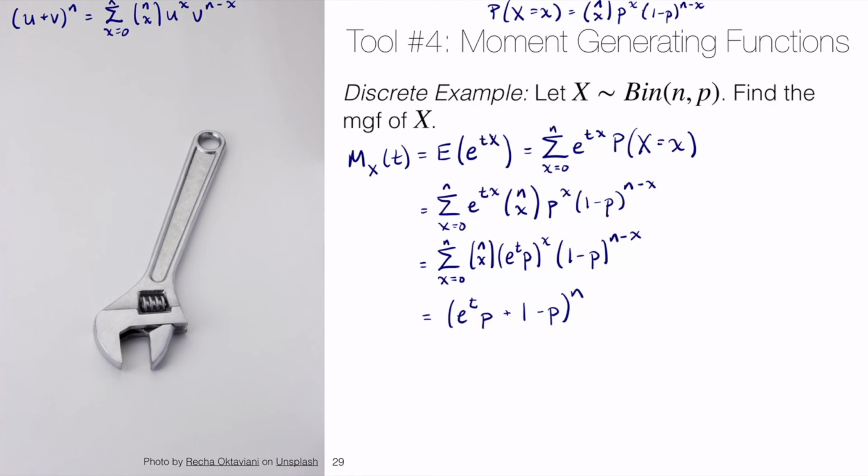So what we did was just use this formula where our u was e to the t times p, and our v is 1 minus p. All right, so we had this, and we moved back to this here. So this is a nice form of the moment generating function for a binomial random variable.